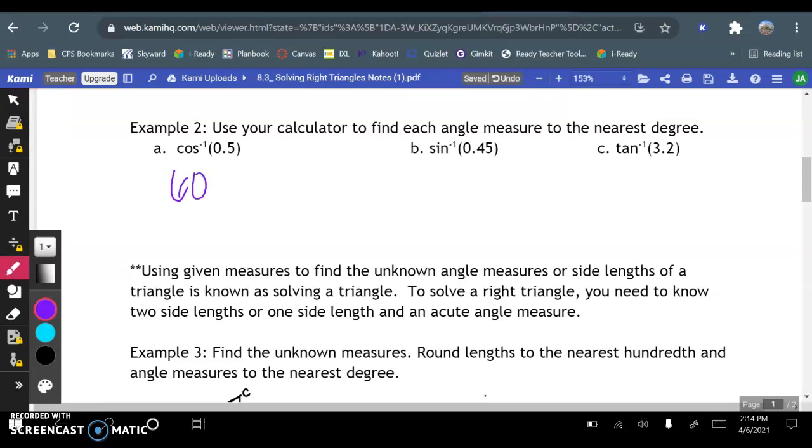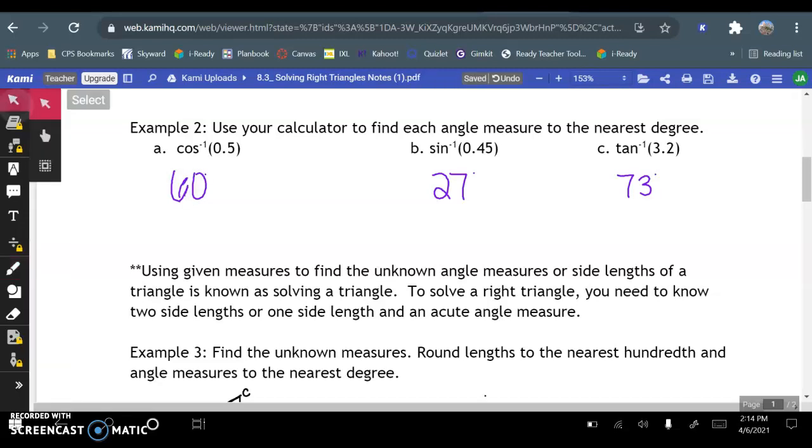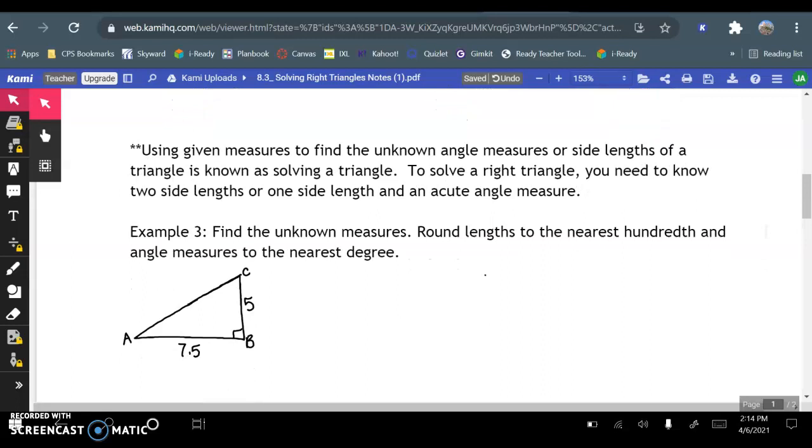The inverse sine of 0.45, we get 26.7, so rounded to the nearest whole is 27. The inverse tangent of 3.2, we get 72.6, which rounds to 73. These are degrees because they're helping us find the missing angle measures. If we know the sine, cosine, and tangent, we can work backwards and figure out the angle measures.